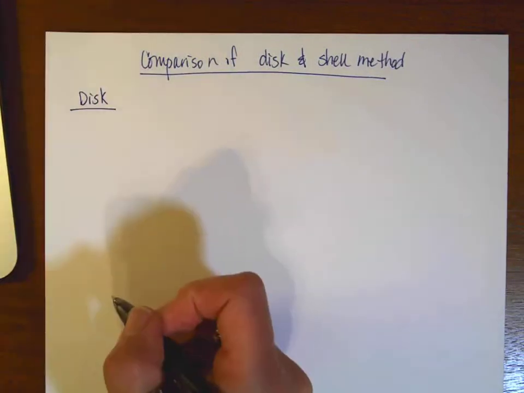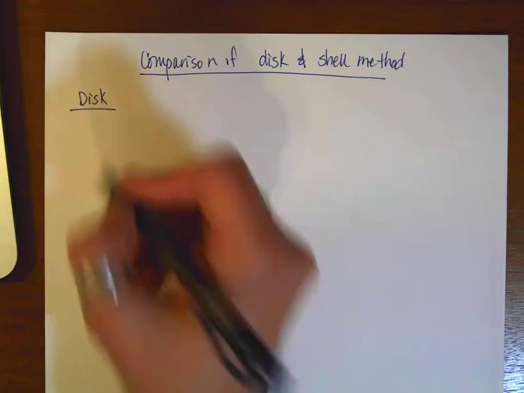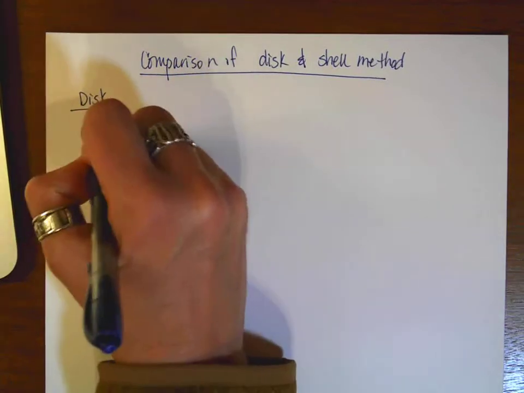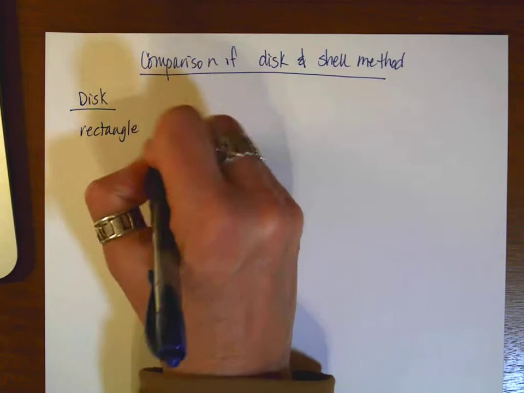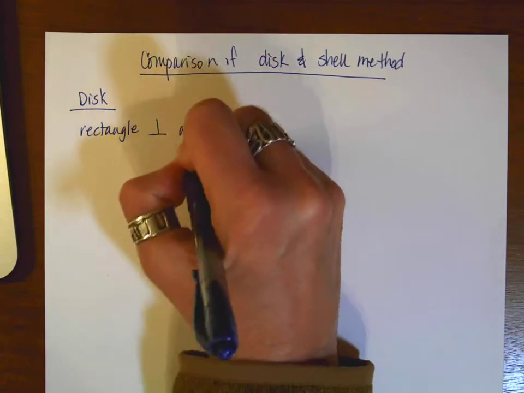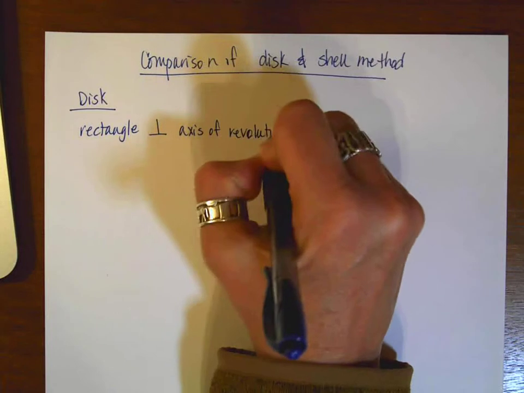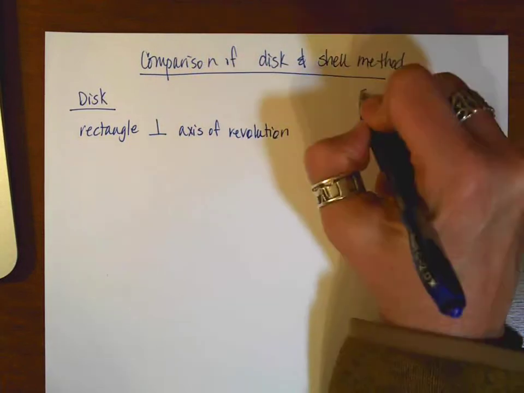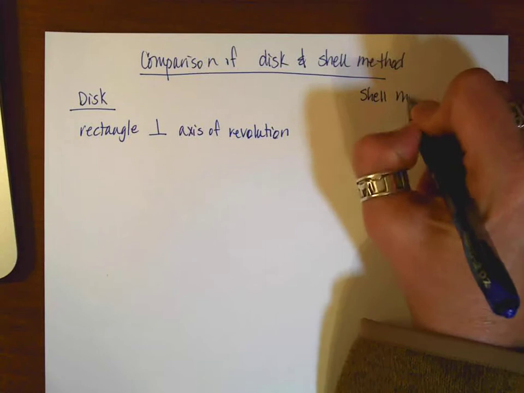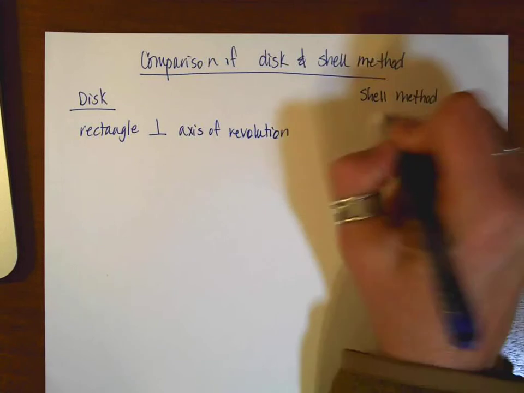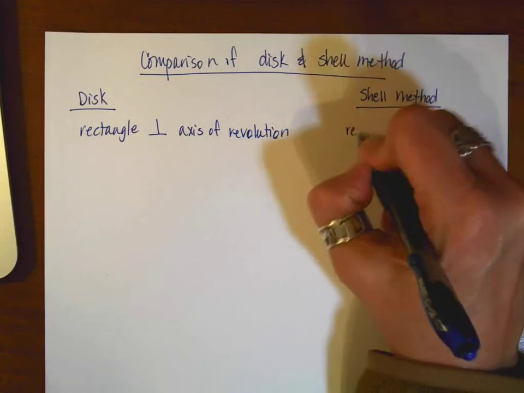So in the disk method, remember that my rectangle is rotating and creating a circle. The rectangle is going to be perpendicular to the axis of revolution. And then, since we just talked about it, I'll put my shell method over here.